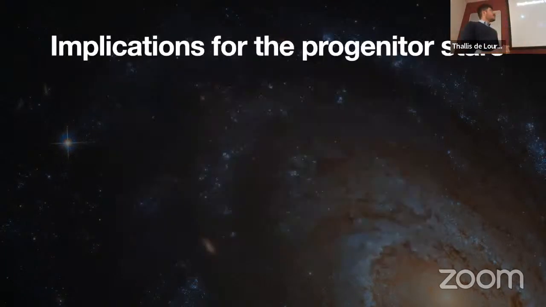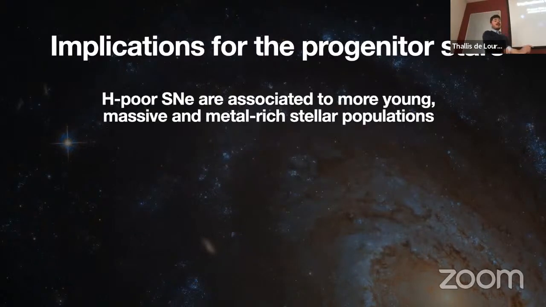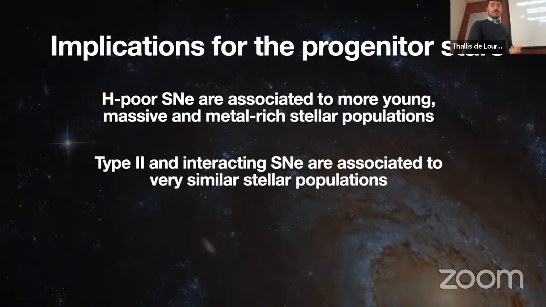And well, after all these results, what are the implications for the progenitor stars, which are the thing that we are most interested in? And yeah, we see that the Type Ib supernovae are associated with the more young, more massive, and more metal-rich stellar populations. The Type II and interacting supernovae seem to be associated with similar stellar populations.